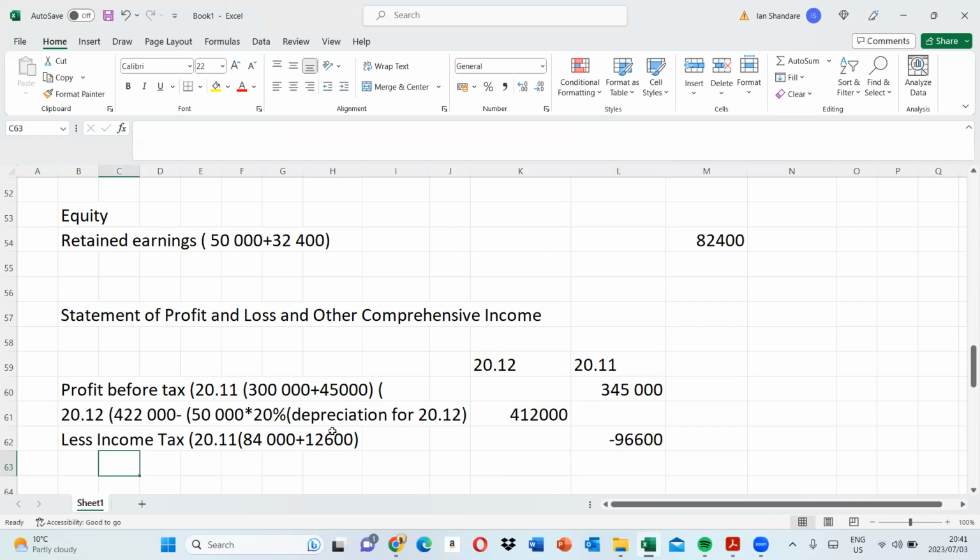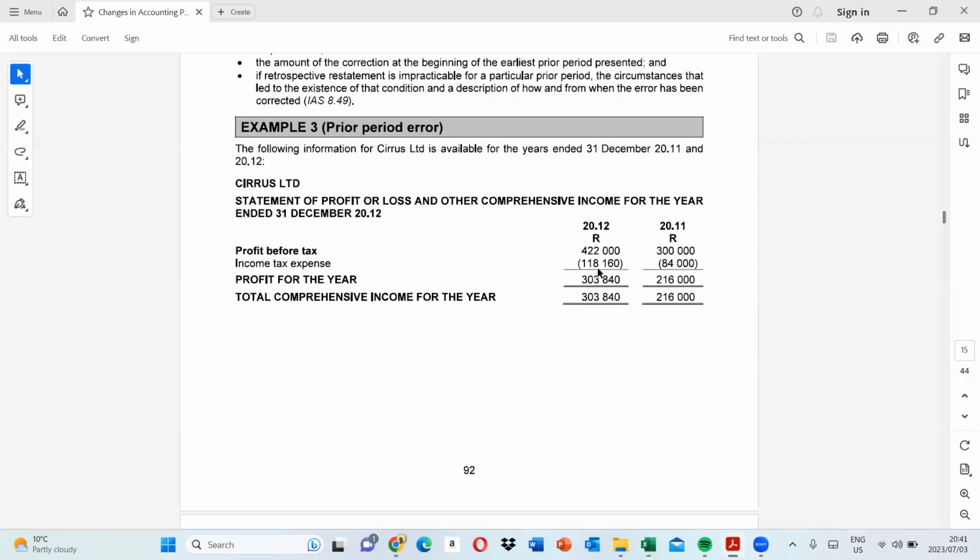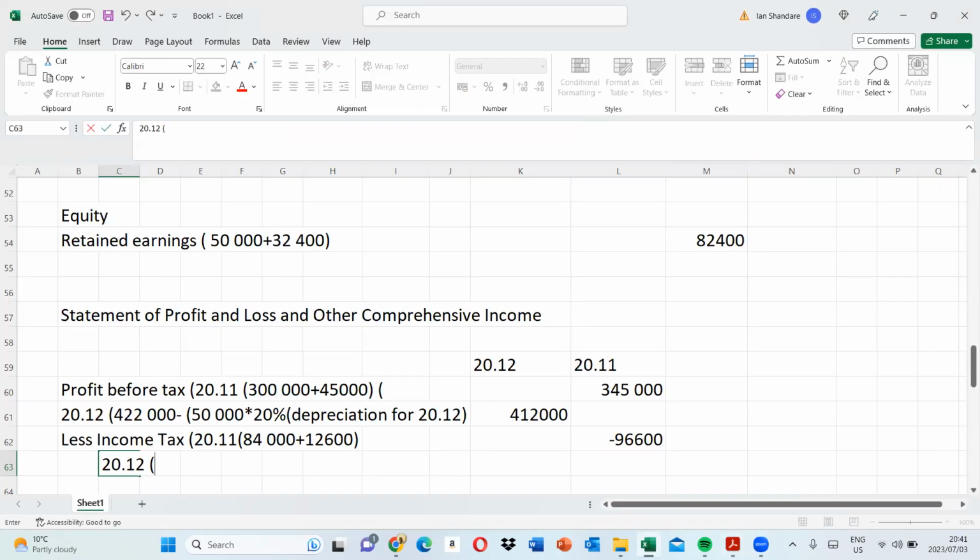Right. And then in 2012, what is going to happen to your income tax? Here you have income tax for 2012, which is 118,116. Now, remember, SARS provides a wear and tear allowance, which is the same as your depreciation. So you need to provide for wear and tear allowance on this, which was never provided for.